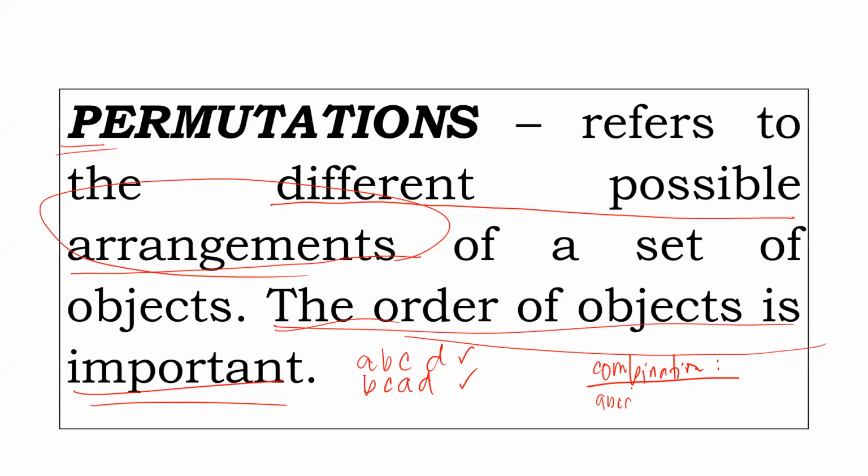Now, pag pumunta tayo sa topic na combination, ang A, B, C, D, this is just the same sa B, A, C, D. Kaya, magbibigay ako ng konting background sa combination, kung bakit sila pareha. Magiging pareha sila since they are using the same letters. We have A, B, C, D. Sa combination, parehas lang yan, although magkaiba ang arrangement.